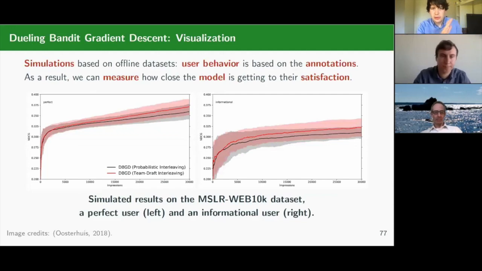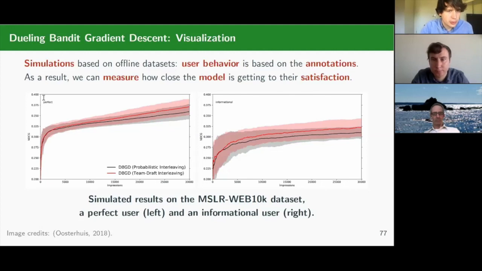Here's some results from some simulations. We've seen in the first part how we can do these simulations. They're slightly different, but the idea is the same. We again base behavior on these annotations we have in a data set so that we can really measure the performance. And as you can see here, it learns quite quickly initially.